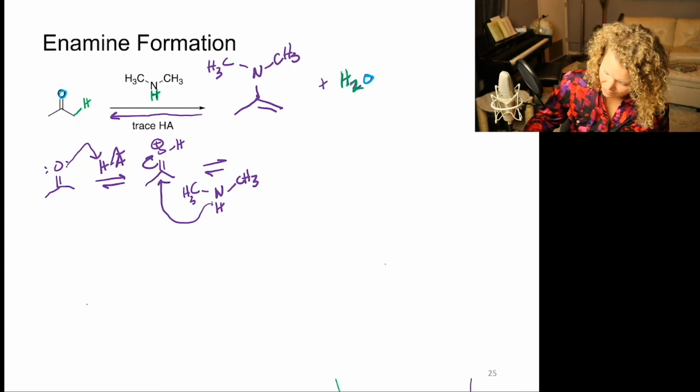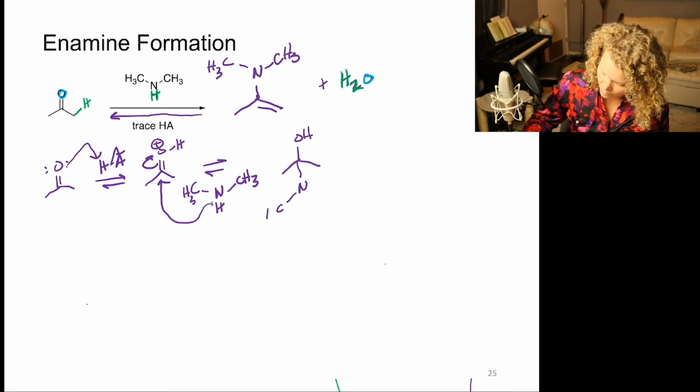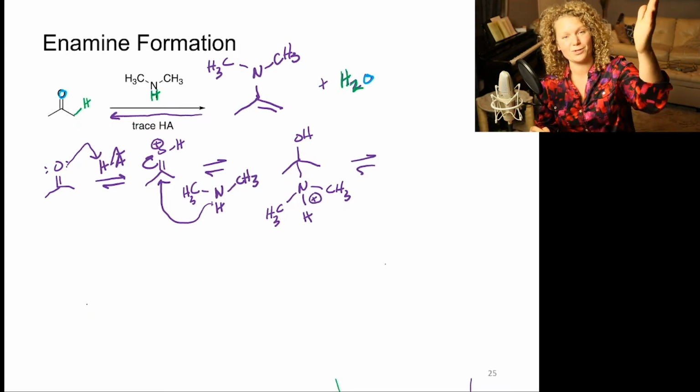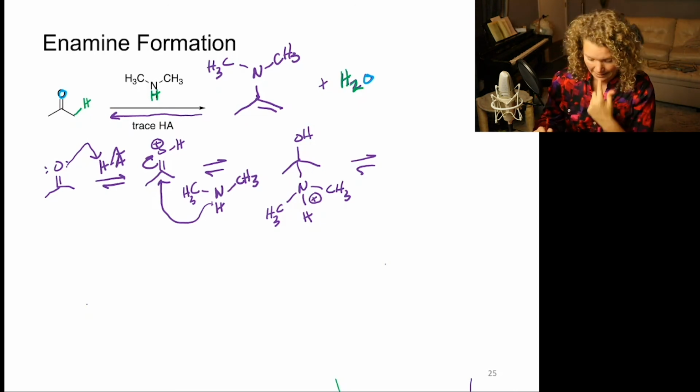It's going to attack the carbon of the carbonyl. We have a nitrogen with two methyl groups and a hydrogen. It is now positively charged because we use those electrons to form the new carbon-nitrogen bond.